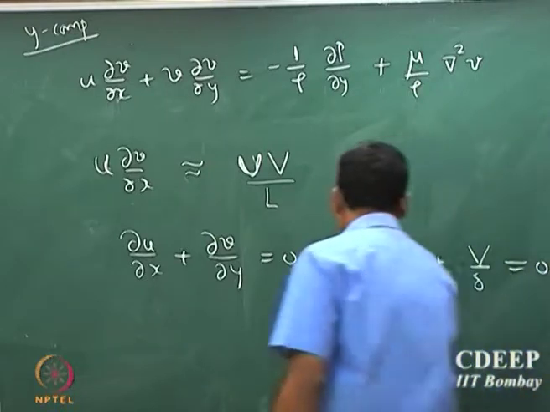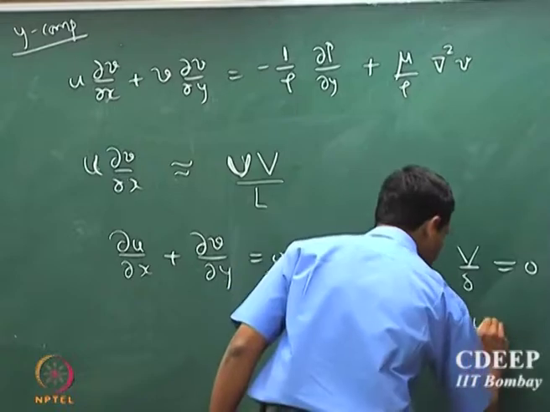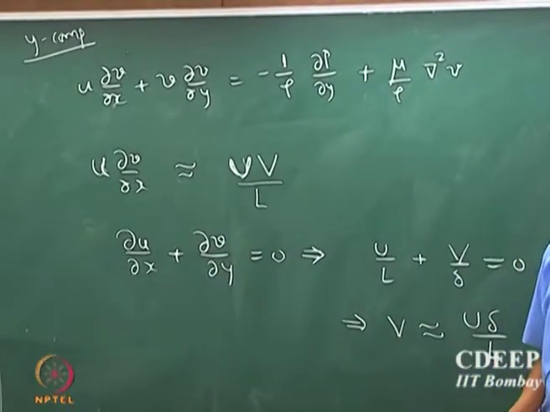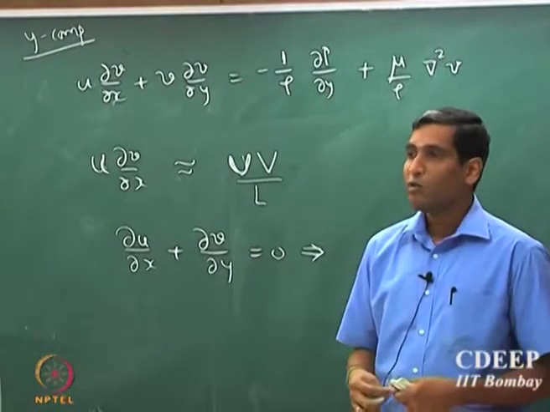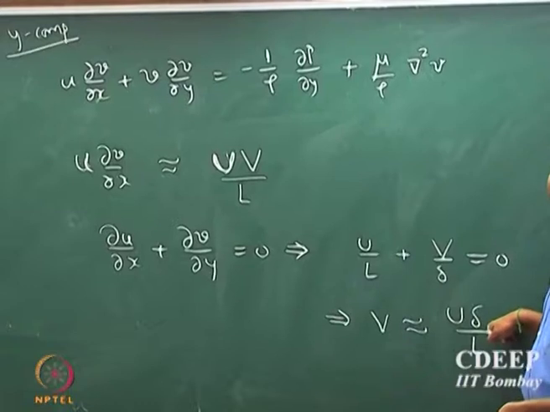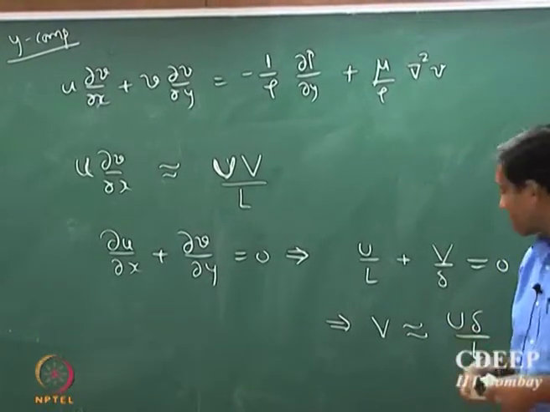So from here we find that V should actually scale as U into delta by L. Okay. So the order of magnitude of the y component velocity is scaled as the free stream velocity multiplied by the boundary layer thickness, divided by L.